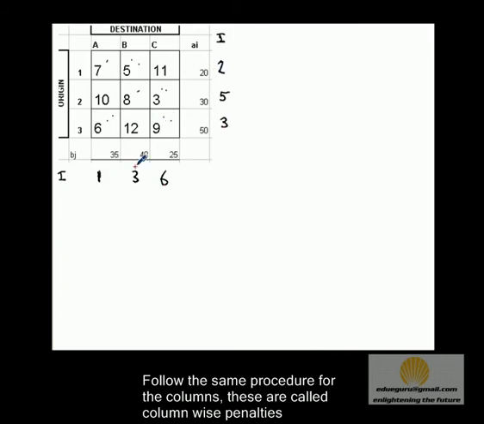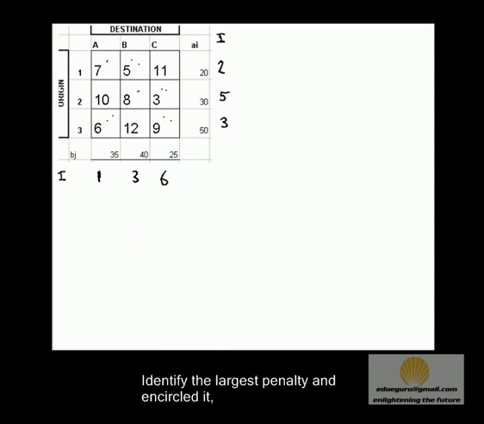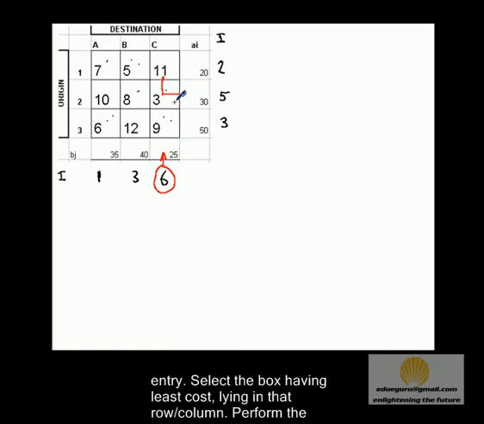Now among all the penalties we will identify the highest. If we look at this, we have 6 as the maximum. Circle the 6 and put a pointer toward the column. In the column, identify the least cost, which is 3 here, and give the maximum allocation, which is 25, between 25 and 30.